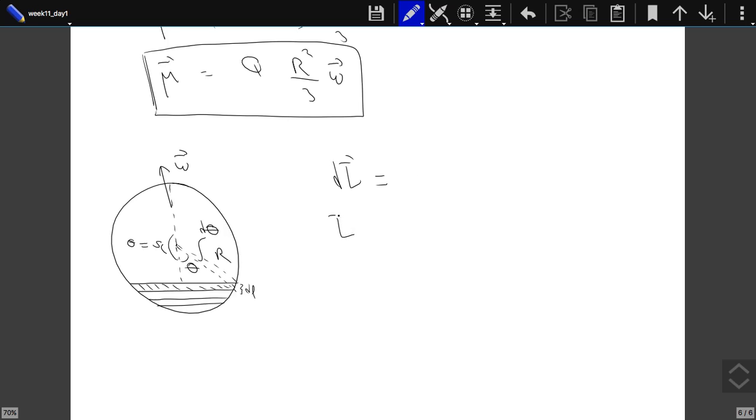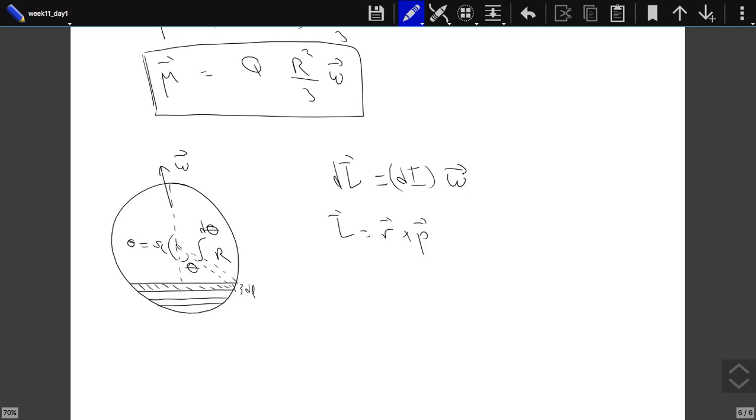Well, in general, L is equal to r cross p. I have this ring that is rotating in this sense. If you just pick a very small segment, dL will be just dI times omega, I omega.